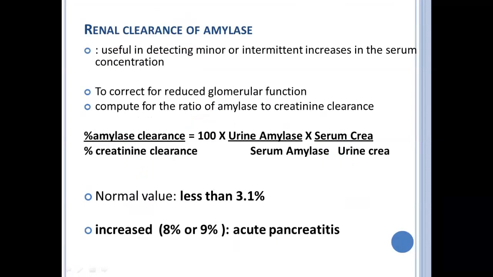Madali lang yan. Urine amylase times over the serum amylase times serum crea over the urine crea, ganyan lang siya, times 100. So this is the formula for the computation of the renal clearance. So the normal value is less than 3.1%. If that's increased, 8 to 9%, that indicates acute pancreatitis.